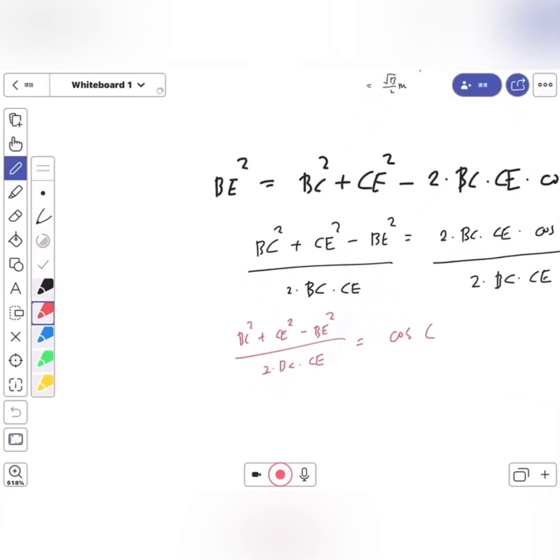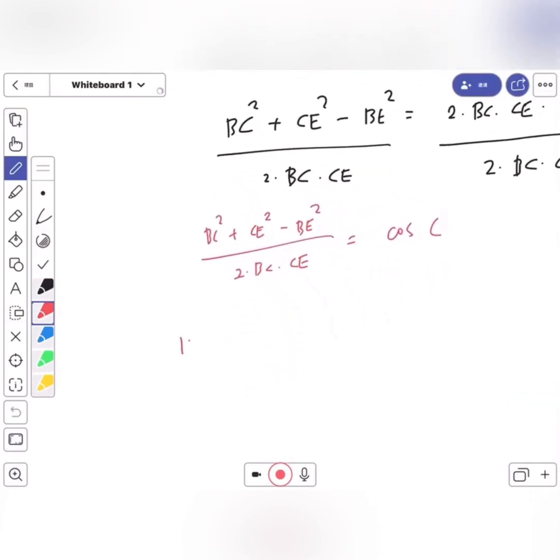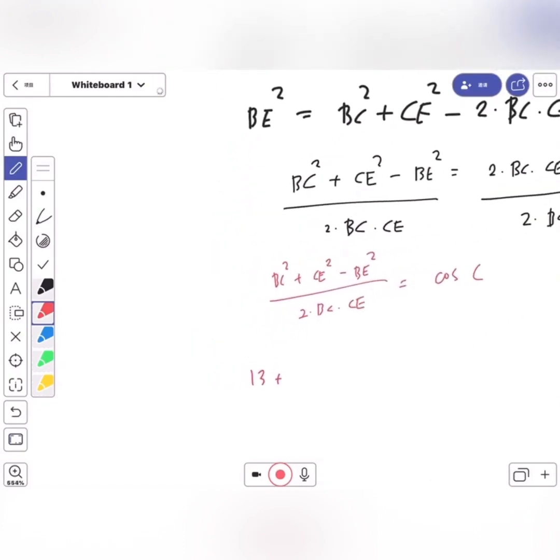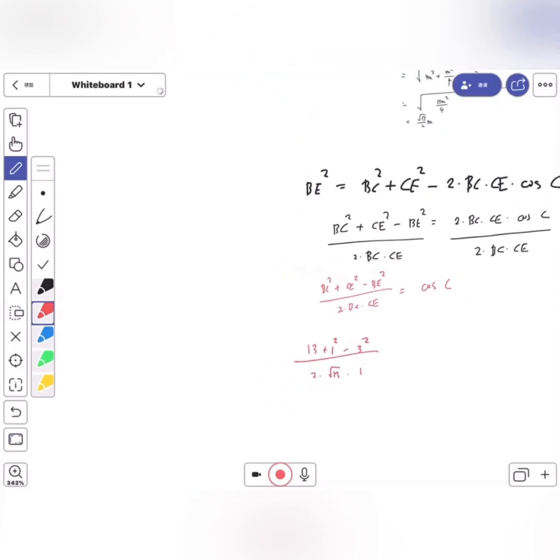So we get 13 plus CE, which is 1 squared, minus 3 squared, over 2 times root 13 times 1.